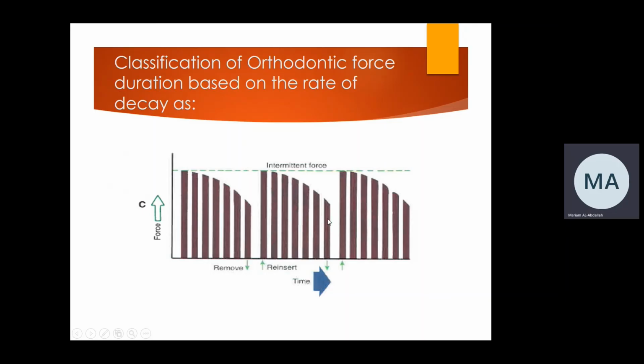So this is representing a removable appliance type of force decay, and it is called intermittent, on-off, on-off. So the force will reach zero multiple times before the visit of the orthodontist and the reactivation of the appliance. Okay, so the appliance is removed, the appliance is inserted, and so on and so forth.